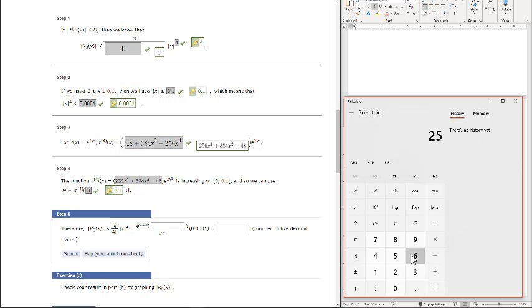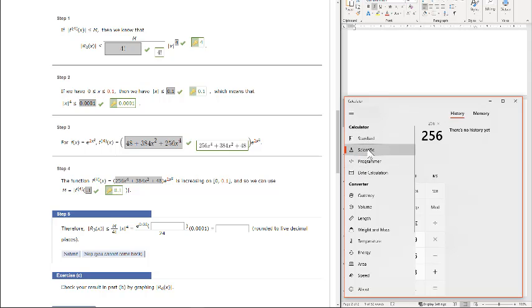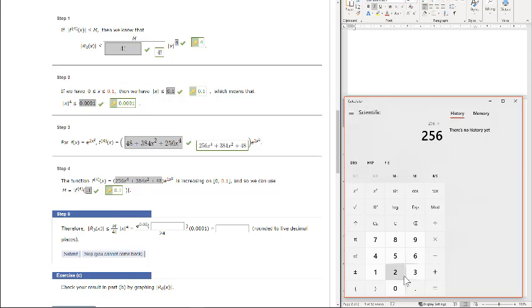So that's 256 times 0.1 to the fourth power. Well, this is already scientific. So it's 0.1 raised to the fourth power. And so we'll just say equals here, and then we'll add 384 times 0.1 to the second power.